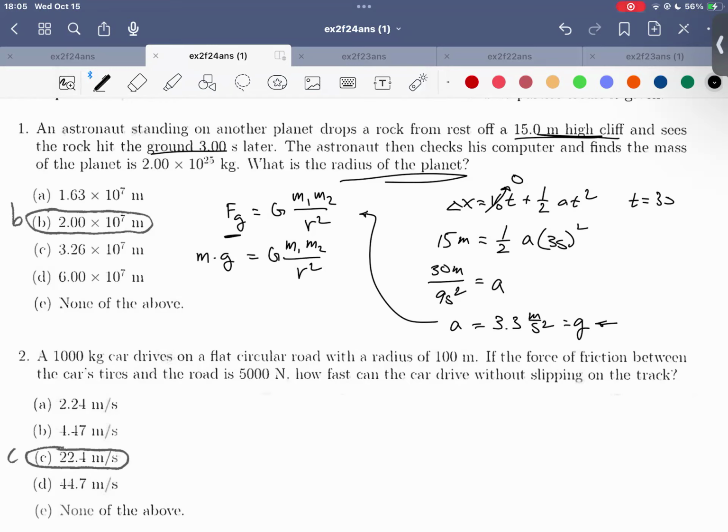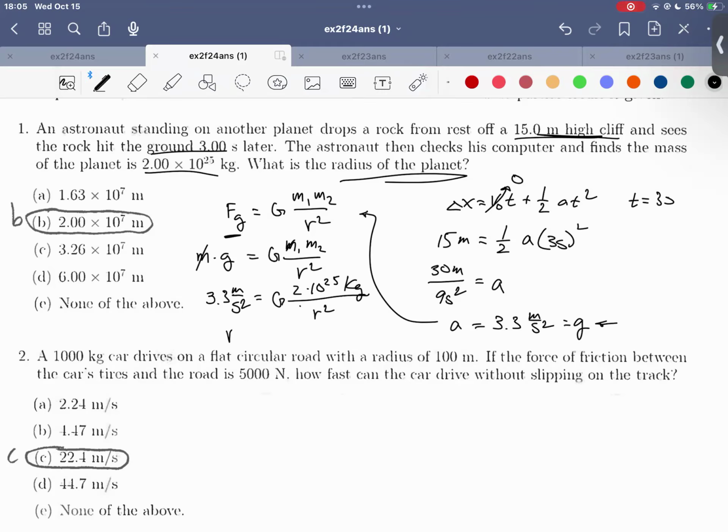And so one of our masses is going to cancel out. The gravity that we found here, this 3.3 meters per second squared, is equal to G, and then m2, we're going to take this one, over r squared.